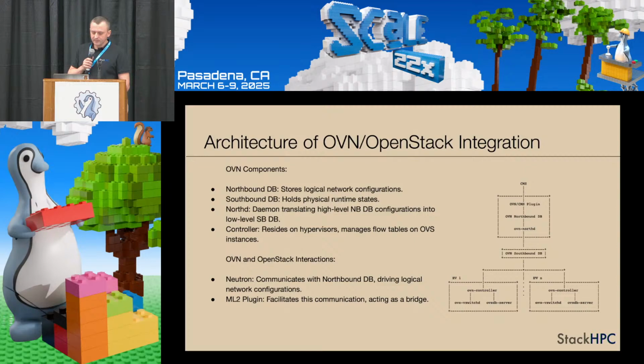So the southbound database is comprised of those flows and physical bindings for each hypervisor. By the way, northbound and southbound databases are clustered components utilizing the Raft algorithm, so it's highly reliable. I haven't seen a crash, to be honest, on that front, at least yet.